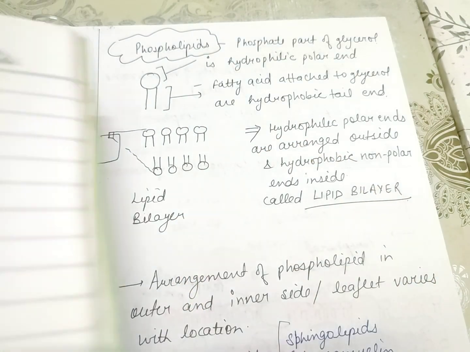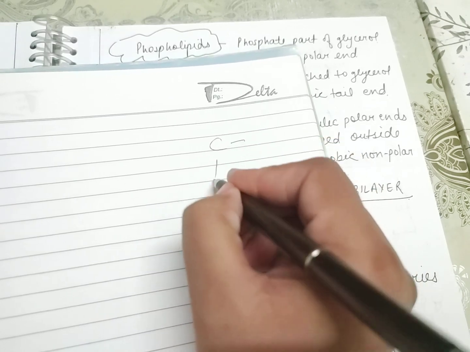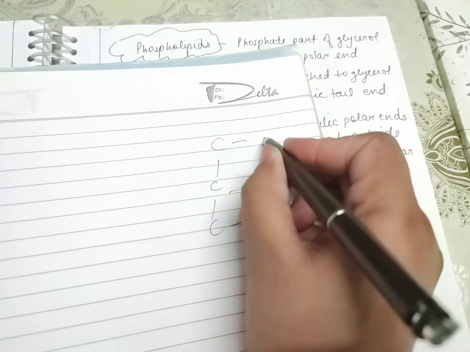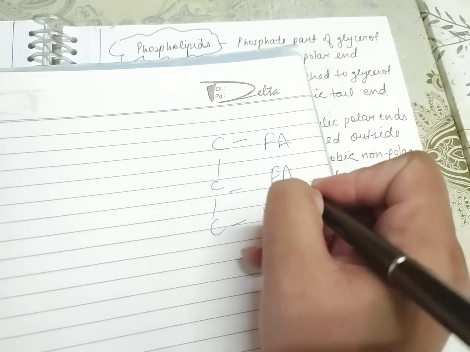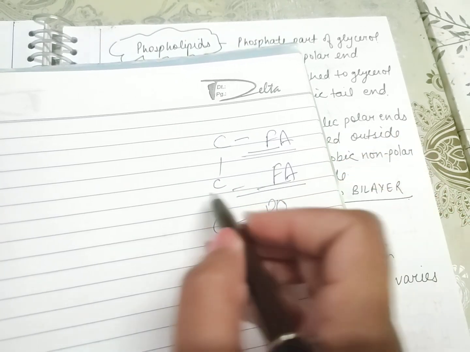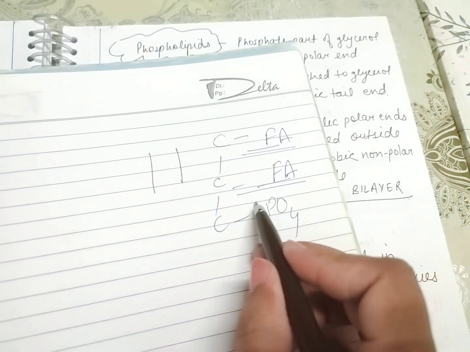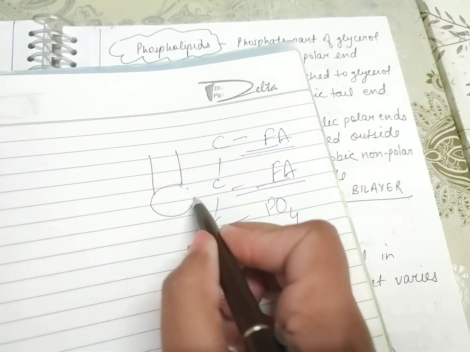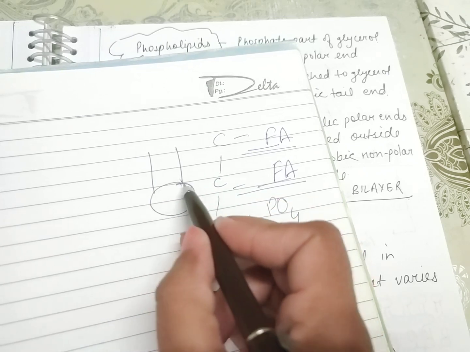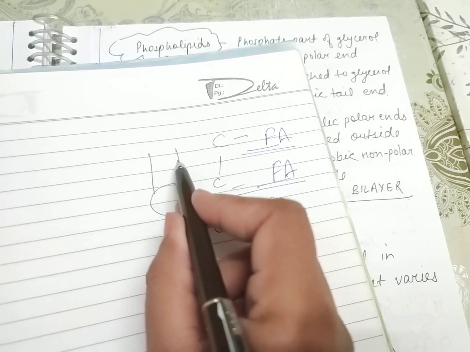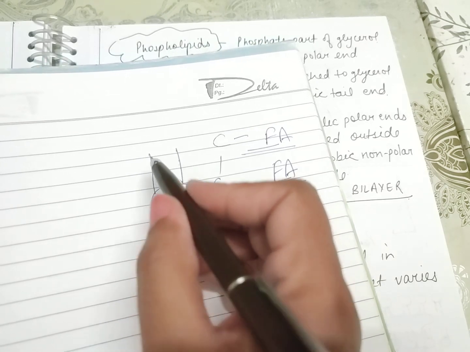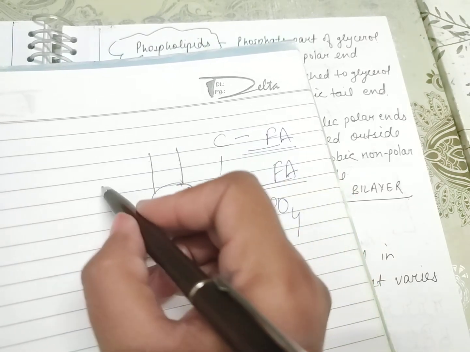Glycerol has 3 carbons, and at one the phosphate is attached and at the others fatty acids are attached. So this is the head end and this is the tail end, and the head is water loving and the tail is water hating.